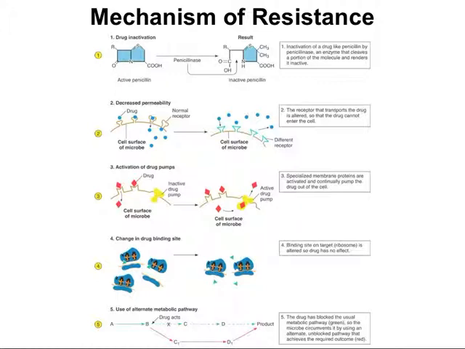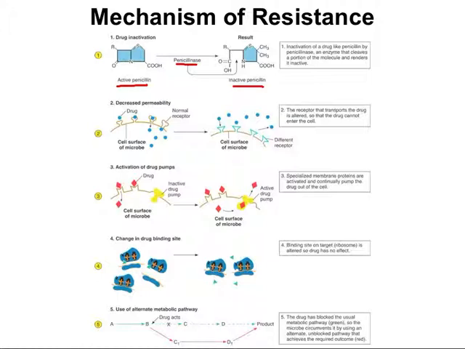So first of all, we've already explored the idea of penicillinase. Here we have active penicillin, but if the bacteria can produce penicillinase, which is a protein coded for by nucleic acids, which could exist on the resistance factor, then we can inactivate the penicillin so it can no longer have the same effect on the cells. We might also see decreased permeability.